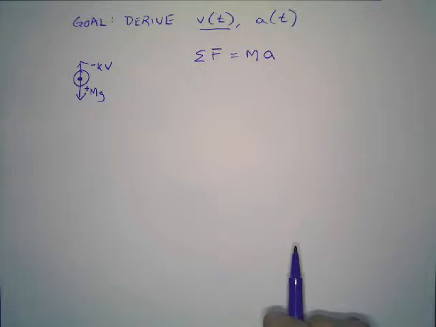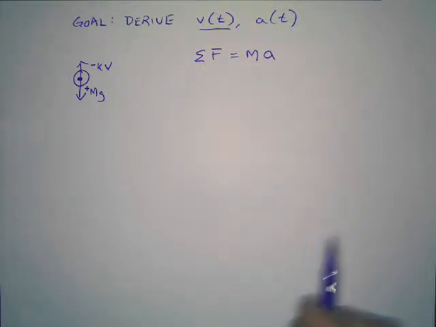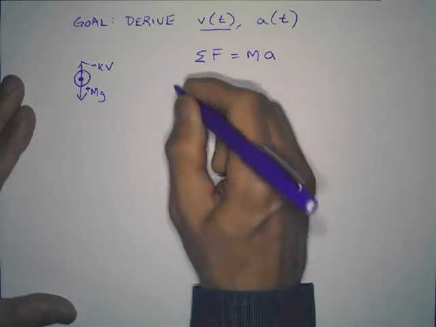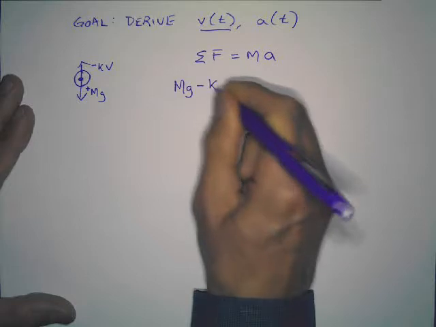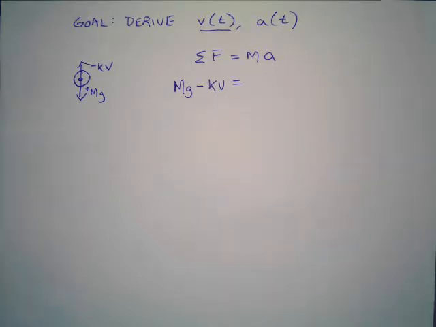Okay, so that's the way that we usually start things off. And I'm going to write down my sum of my forces. I have mg, and then I'm going to subtract k times v, and that's going to be my left-hand side. So far, so good.